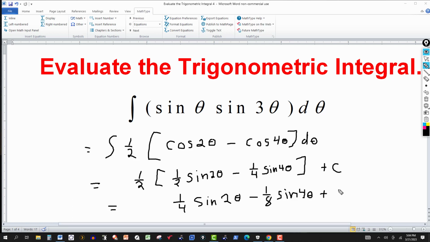And we have the constant of integration. And this is your final solution.